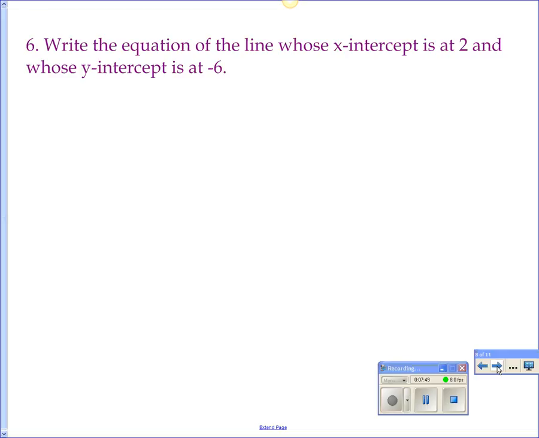All right, write the equation of a line whose x-intercept is 2 and whose y-intercept is negative 6. Remember, when you see x-intercept at 2, you have to make your own point. Since it's an x, I'm going to put it in the x spot, so it's going to be 2, and you put a 0 in the empty one.